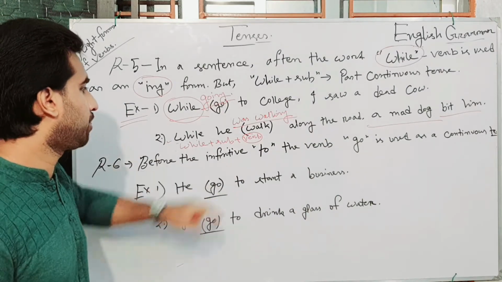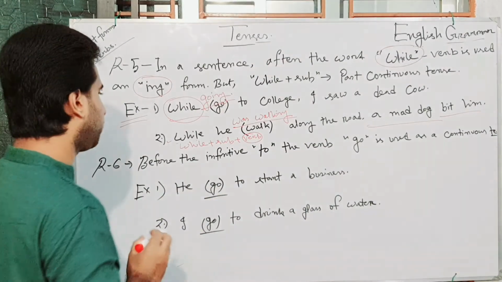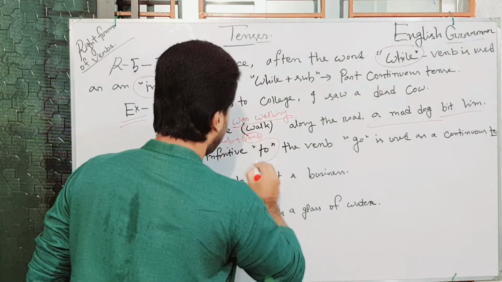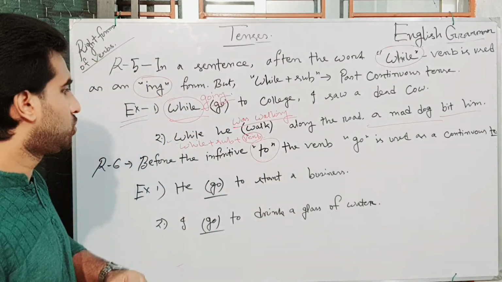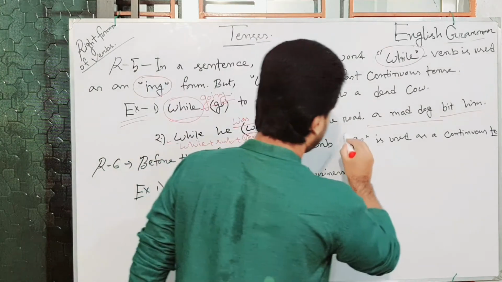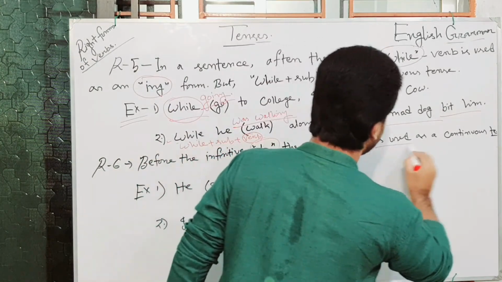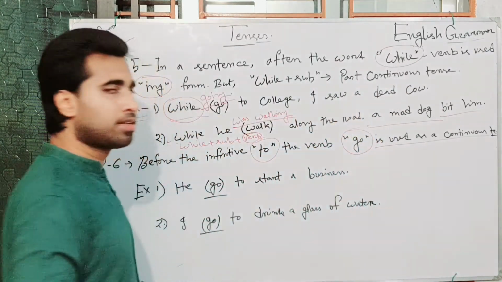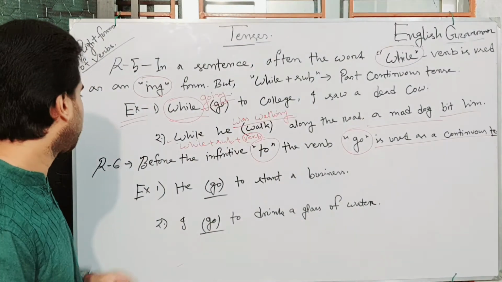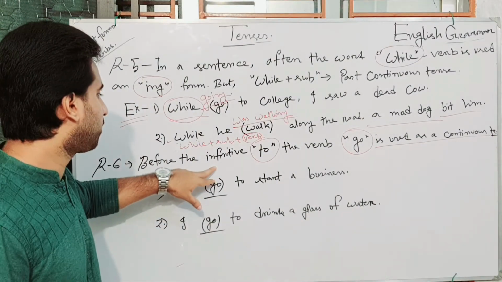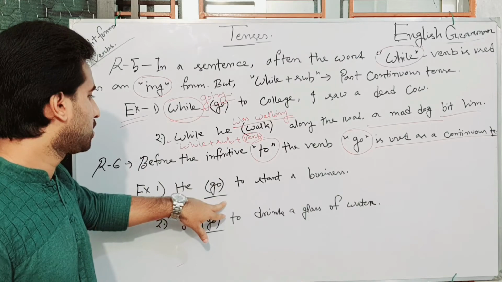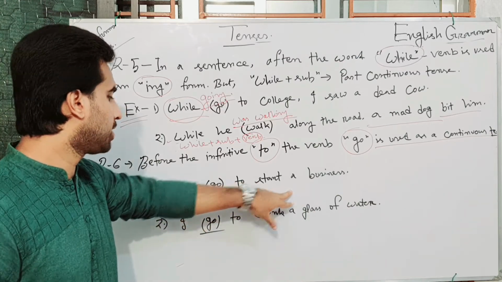Before the infinitive, we know about the infinitive. Before the infinitive "to," the verb go is used in the continuous form. For example: he (go) to start a business.